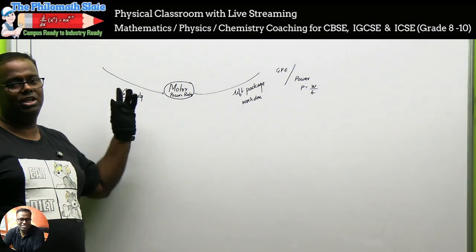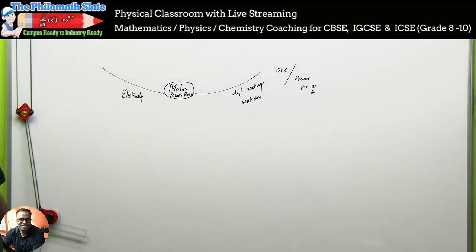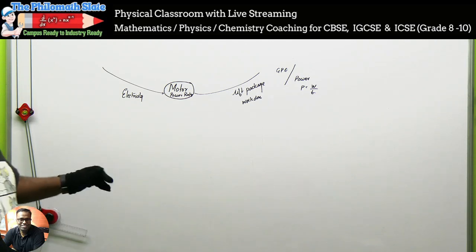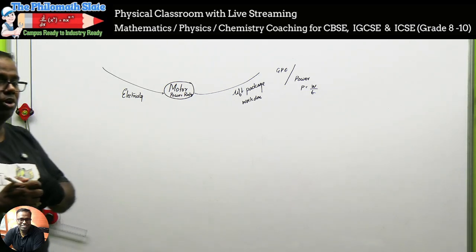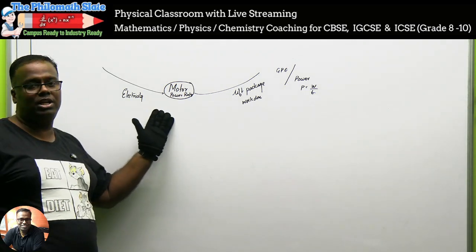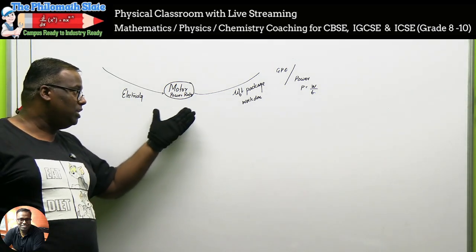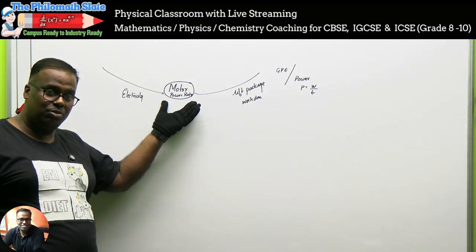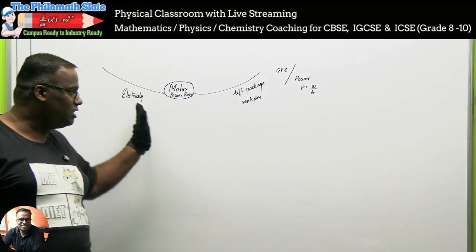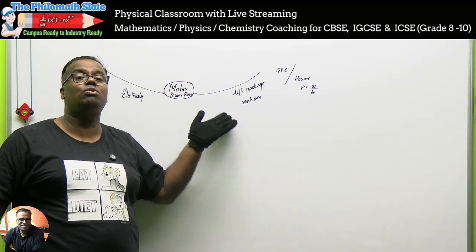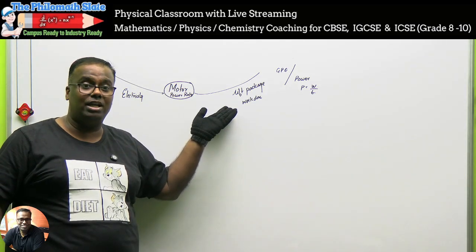The motor is connected to electricity. I explain how conservation of energy takes place. The motor consumes electrical energy, and assuming that the efficiency of the motor is 100%, the motor converts the entire electrical energy into mechanical energy.